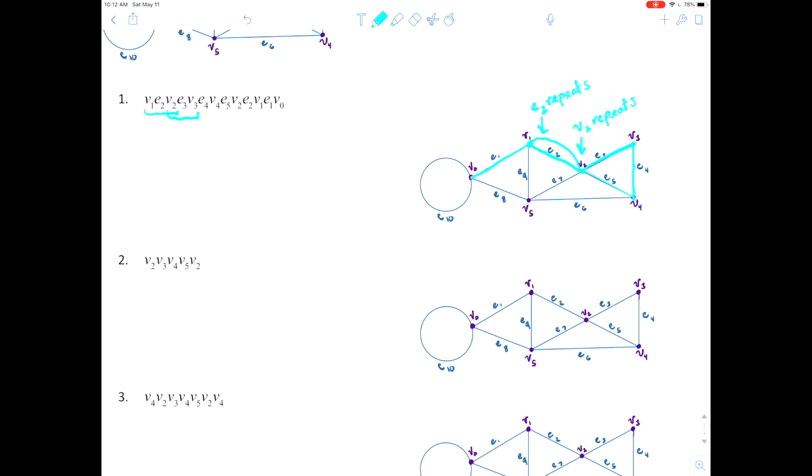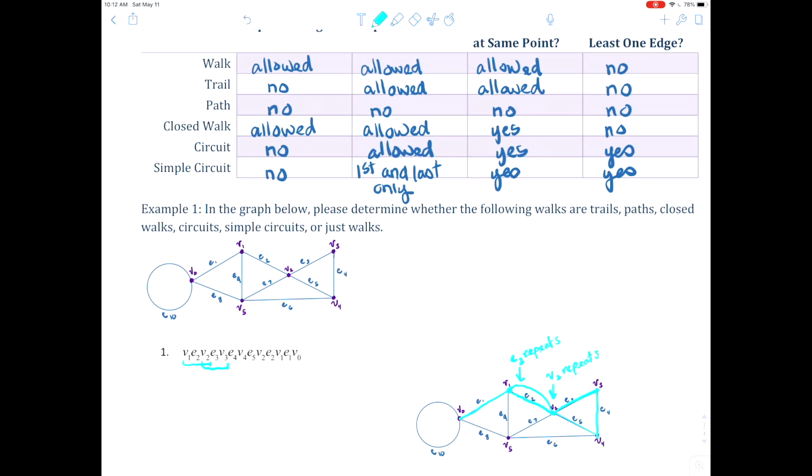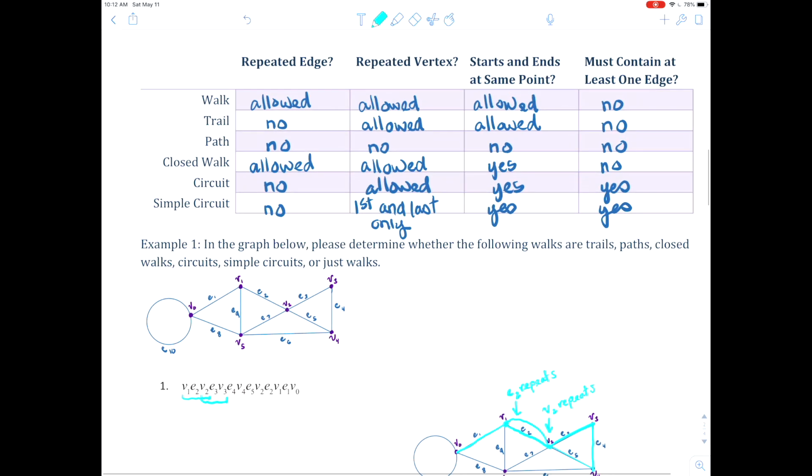Okay, so did we start and end at the same point? No, right? We've got repeated edges, we've got repeated vertices, so here, what do you think it's going to be? It can't be a trail, right? So anything with a repeated edge, it can't be, right?